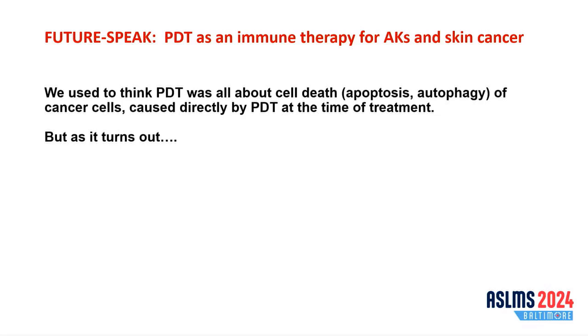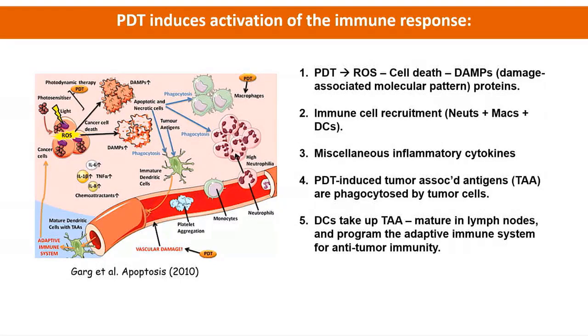So just in the last couple minutes, I wanted to point out some of the new directions of PDT as an immunotherapy, this concept that it may not be all about immediate cell death at the time of blasting the lesions, but in fact might do something else, which is to engage the immune system. This is work that's been done in the laboratory over the last decade, in many labs around the country, showing that PDT induces reactive oxygen species, cell death, but then it also induces damage-associated molecular patterns, or DAMPs.